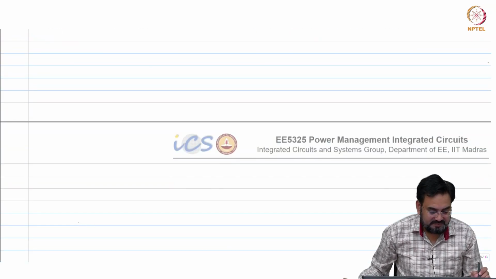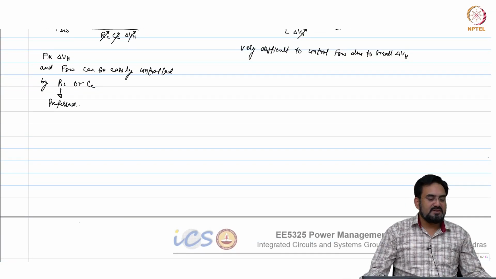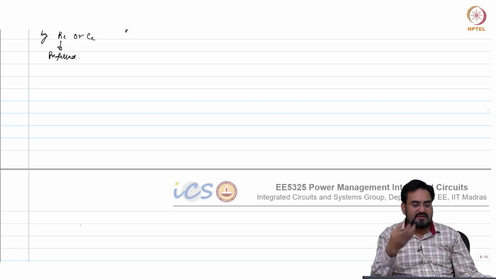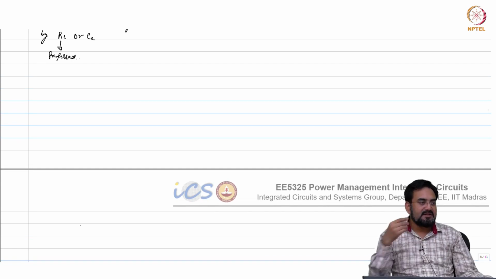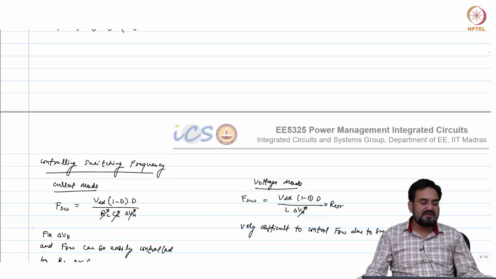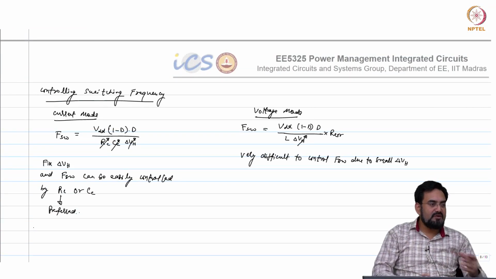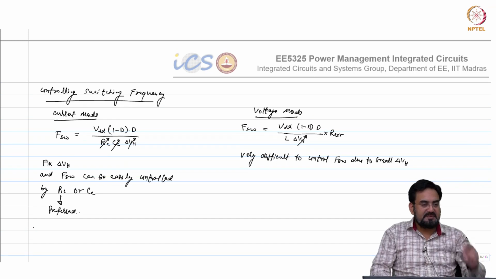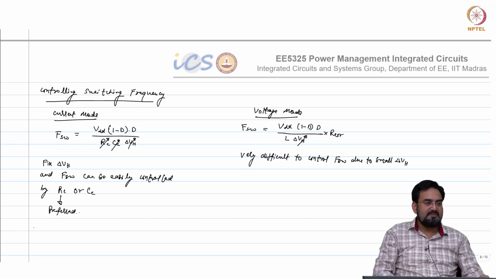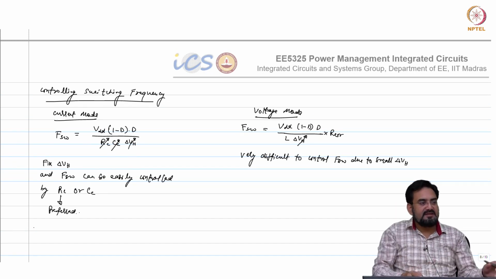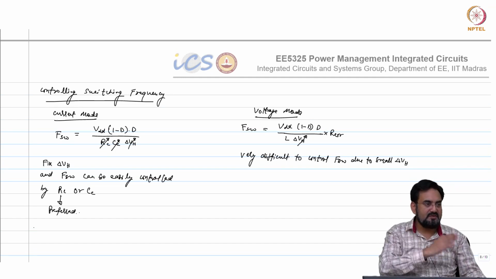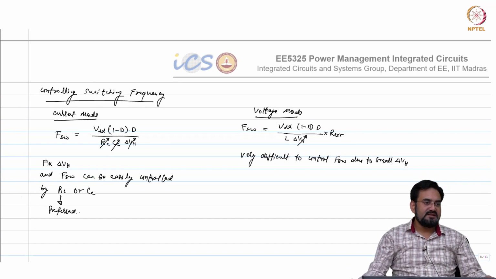So what does it mean? Why do we want to control the frequency? We know it is varying. Now we have a way where we can operate it at a fixed frequency. If I want to operate at 1 megahertz, at 50% duty cycle, I fix it at 1 megahertz. When it is varying, I can always fix it at 1 megahertz by simply controlling the RC. What will RC do?